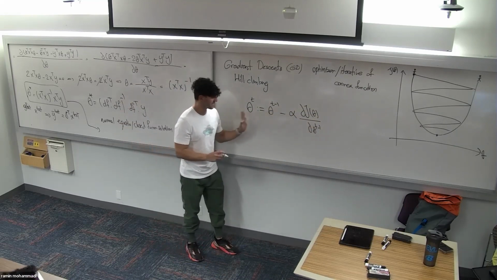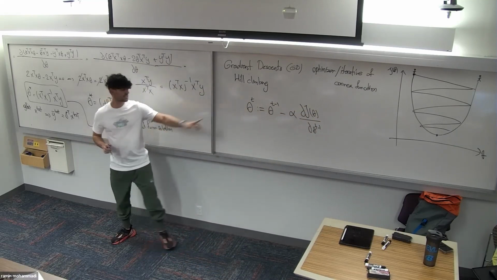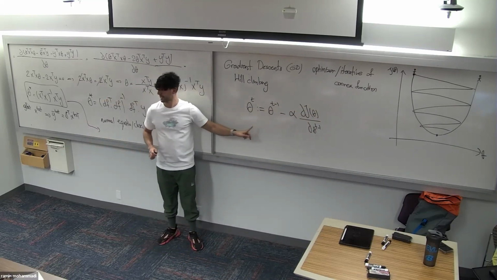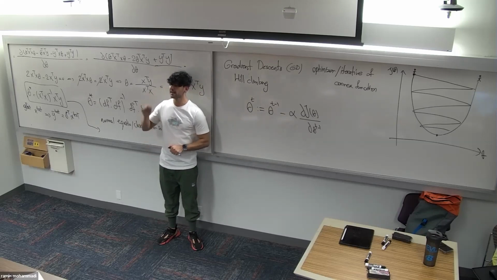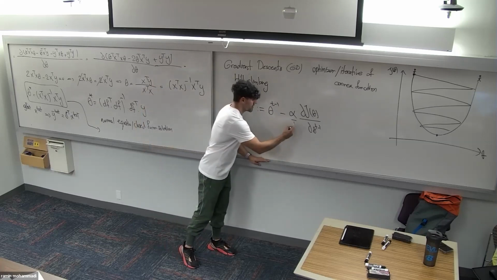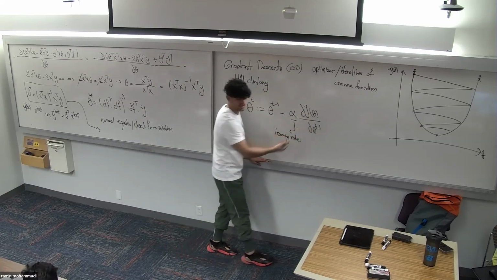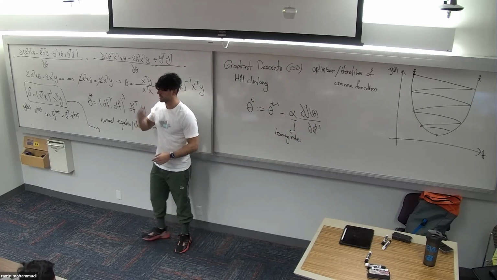First, anytime you hear the term gradient descent, that's the formula. It's always like this: theta at time t equals theta at previous time minus, this is called the learning rate, times the gradient of the function with respect to theta at the previous time.